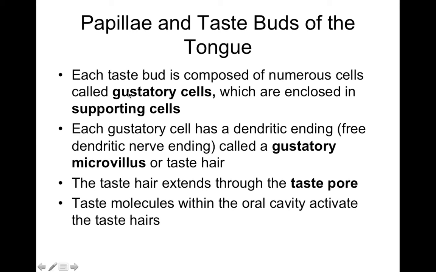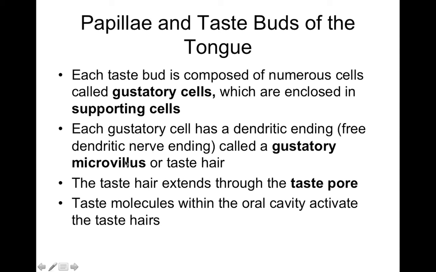Now, these gustatory cells are supported by something like a glial cell, which is called a supporting cell. And each gustatory cell in the tongue has a dendritic ending, okay, which have what are called gustatory microvilli or taste hair.